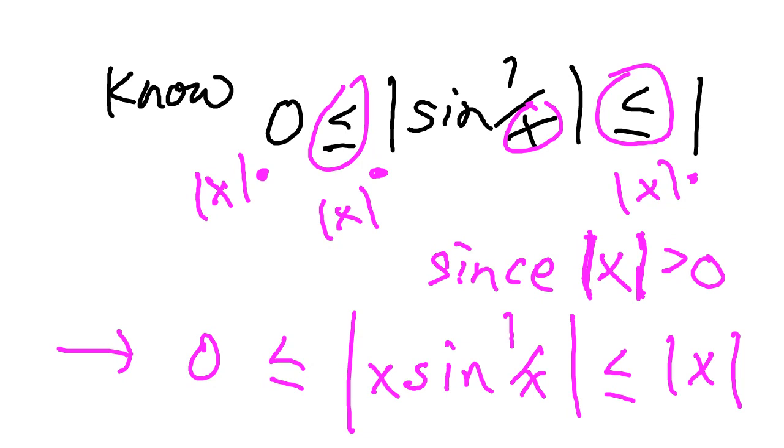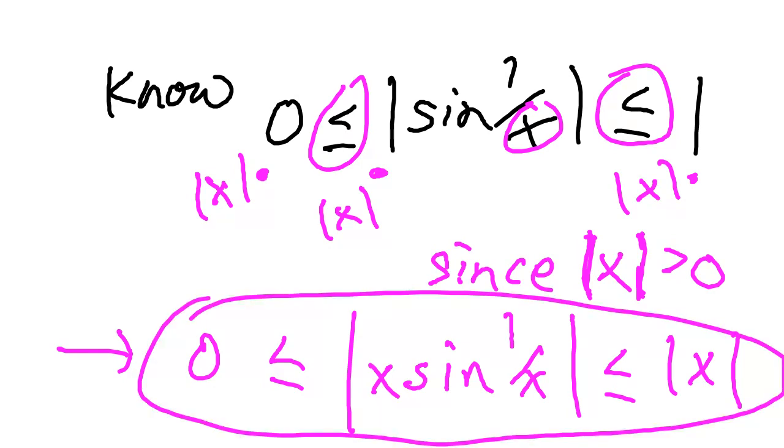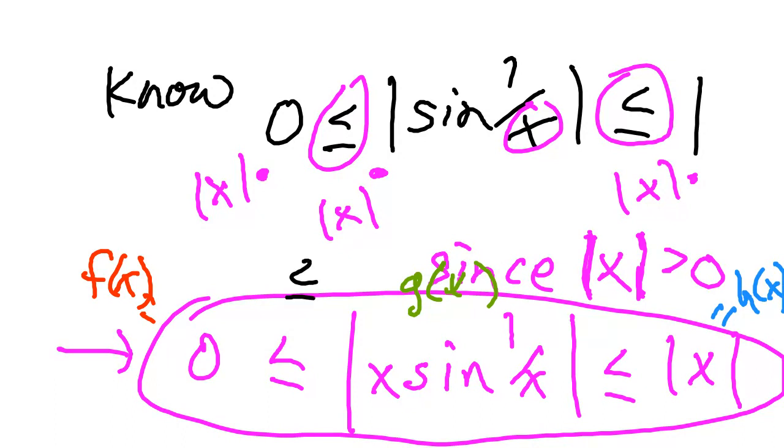So I do have a chain inequality here, where if we look at f, g, and h, f of x is equal to 0, h of x is equal to the absolute value of x, and g of x is the one I want, in between. I have that f of x is less than or equal to g of x, which is less than or equal to h of x.